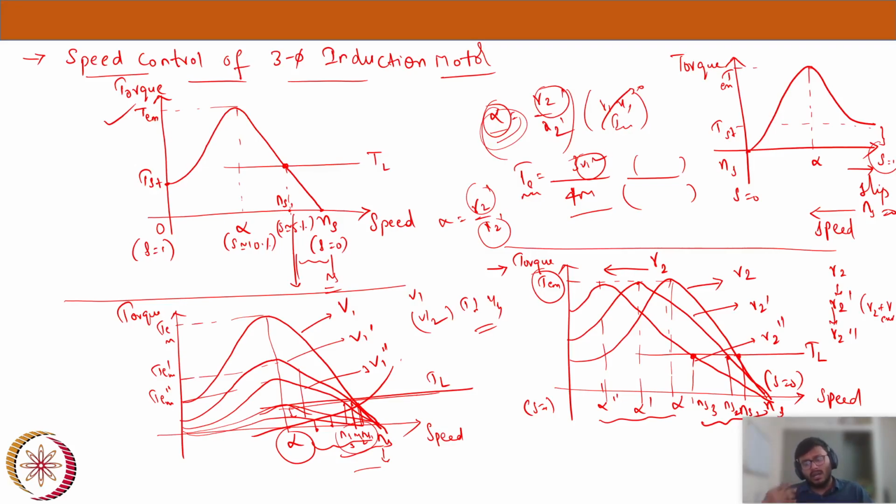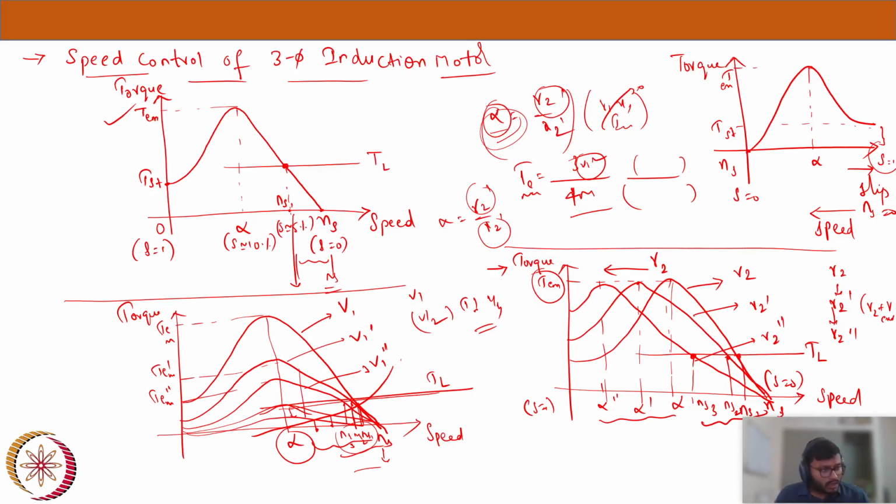That's a very old technique. We can't use that method now because it involves two machines, and it's not very suggestible. Even those earlier methods we are not using now.